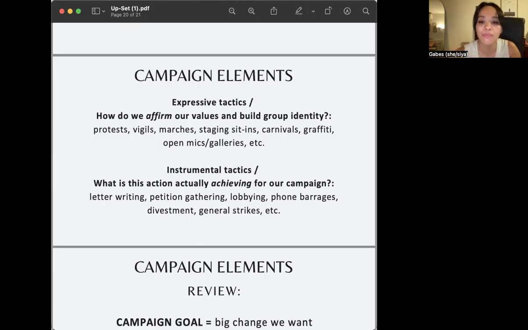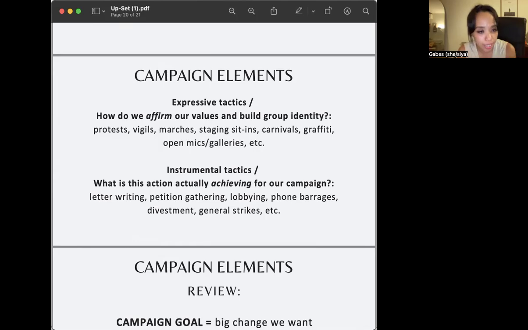Okay, instrumental tactics ask the question, what is this action actually achieving for our campaign? This can be letter writing, petition gathering, lobbying, phone barrages, divestment, etc. These tactics are concerned with concrete results beyond expressing ourselves and our movement.